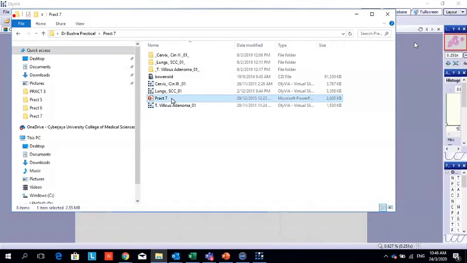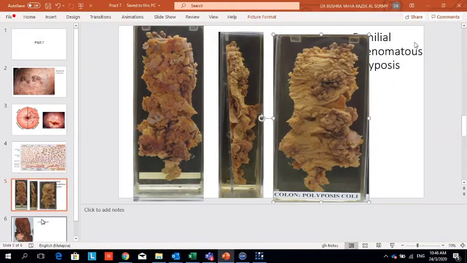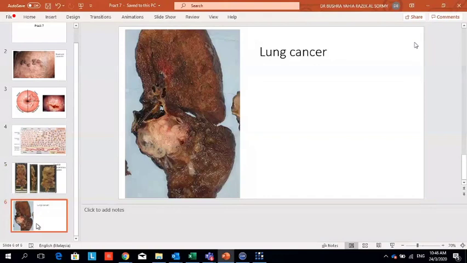Actually, this one is a case. Can you see there? If you have a lesion like this, what do you expect? How can you imagine what this area is?